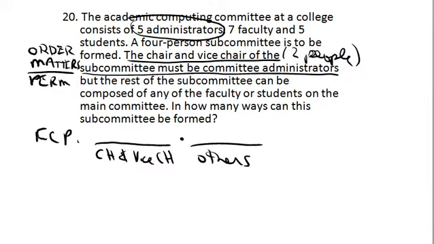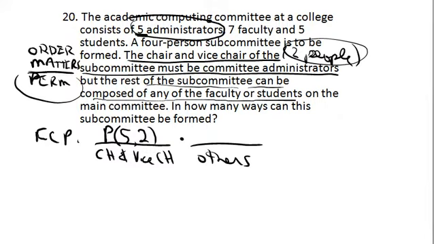Well, we just said that the chair and vice chair choice is a permutation because order matters. So you're choosing from the 5 administrators, and you're choosing 2 people. One's going to be the chair, one's going to be the vice chair. But when you're choosing the others, they just go on the committee. The rest of the subcommittee can be faculty or students. Well, there's 7 faculty and 5 students.